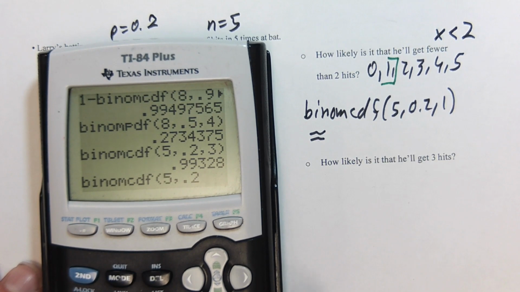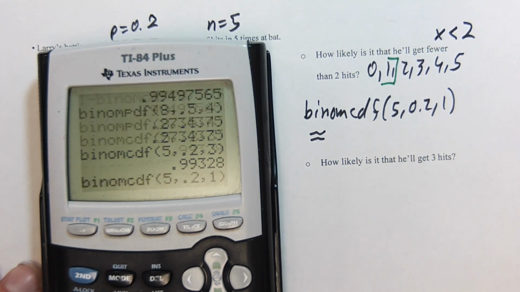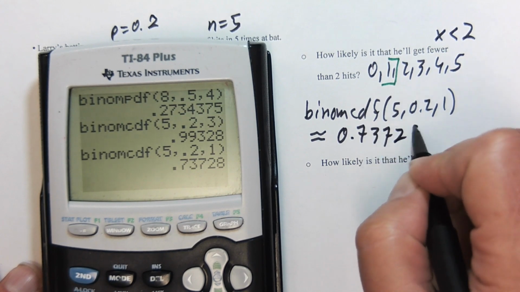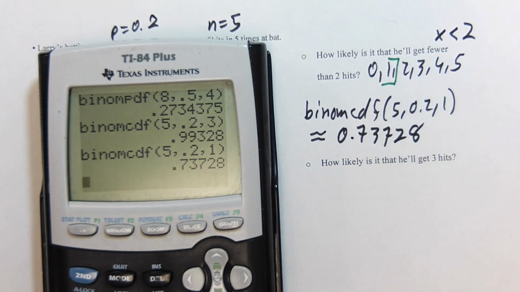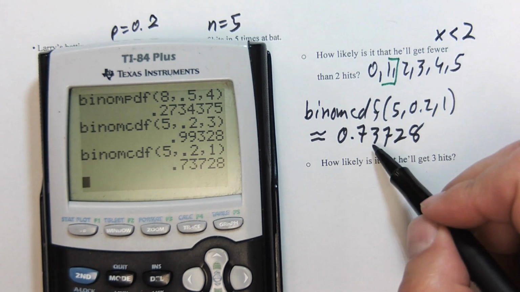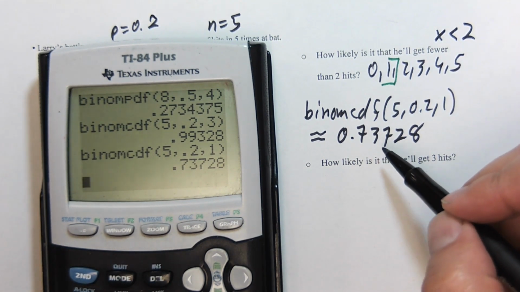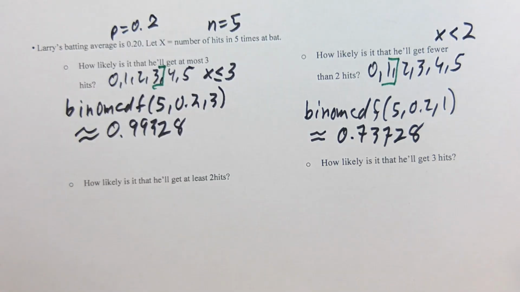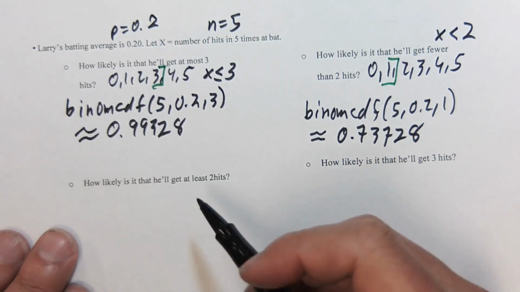So pretty good chance he's going to get fewer than 2 hits, 0 or 1 hits. That's going to be his highest probability most likely, again, because his batting average is only 0.200.